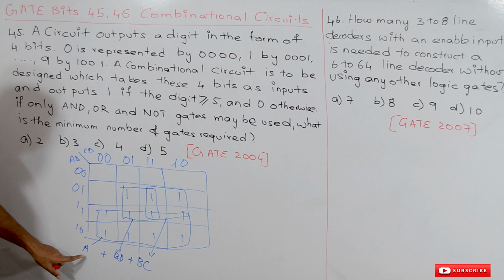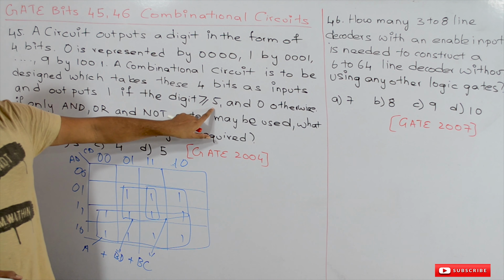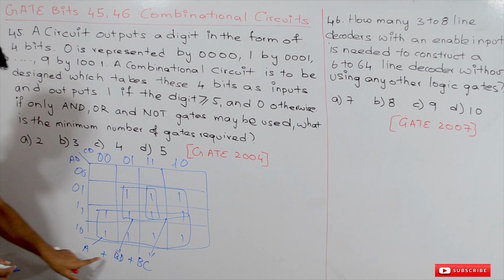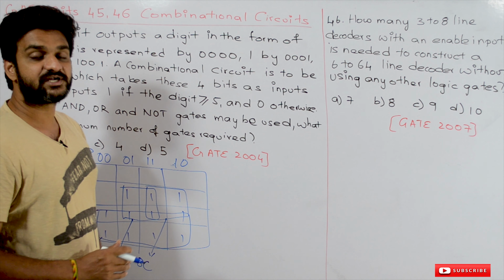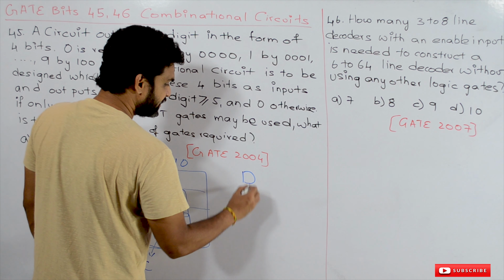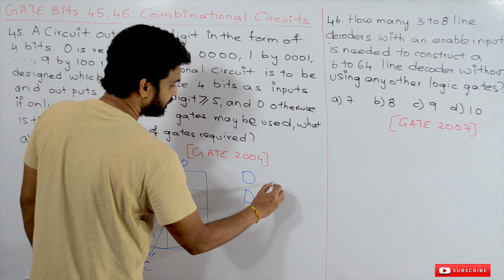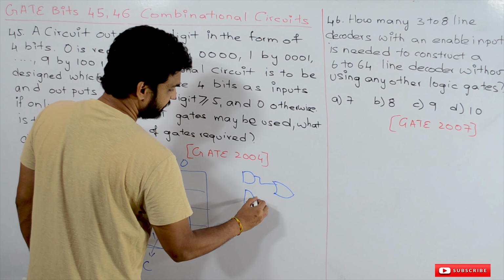So the minimized equation to put an output of 1 whenever the digit is greater than 5 is A plus BD plus BC. So how many AND gates, OR gates and NOT gates are required? For this equation, we need 2 AND gates, and those are combined to an OR gate.